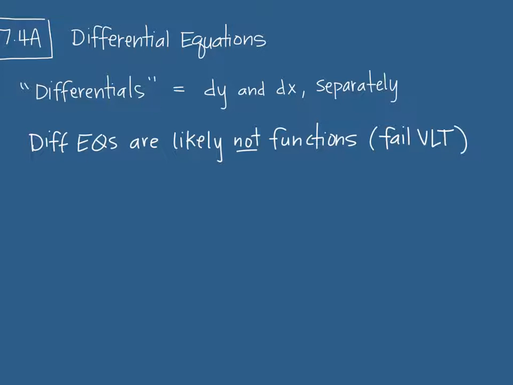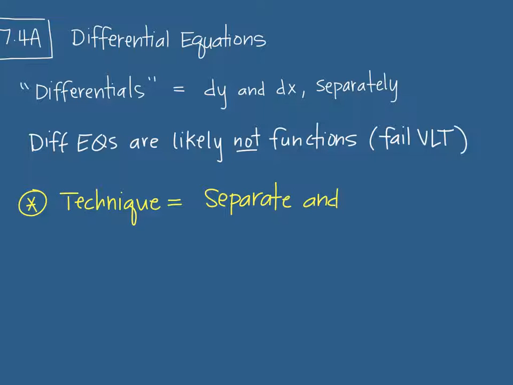The technique that you're going to walk out of here with is called separate and integrate. You're not going to find this in the book. It's just a little rhyme I made up to help you remember the process, sort of like integral over interval.